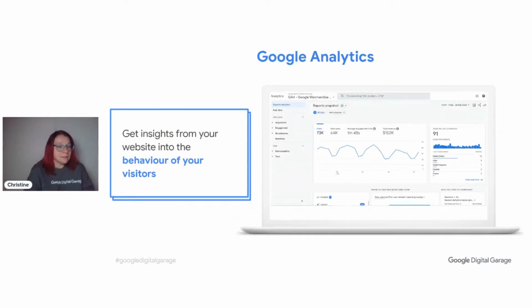And then one of the tools that is both really well known, but also really underutilized, I'm going to put it that way, is Google Analytics.